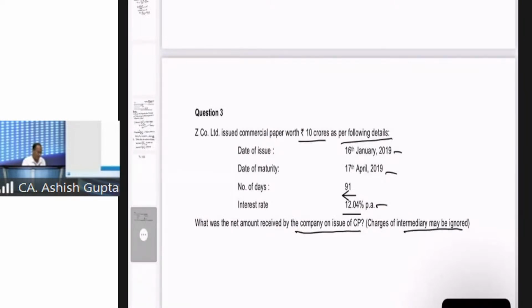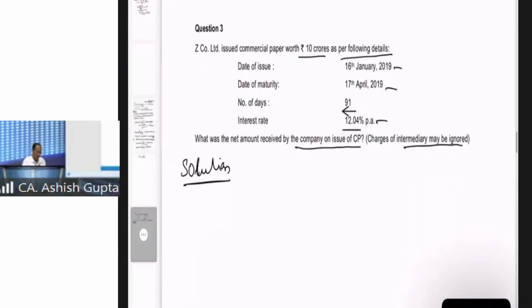Here, since it is a front-end instrument, we compute the discounted value. We can do it in two ways.